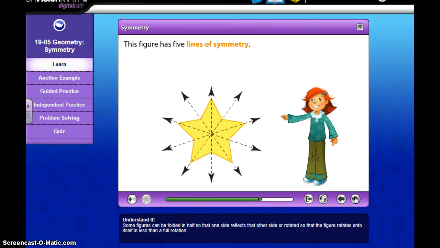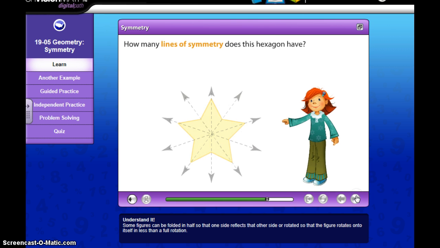This figure has 5 lines of symmetry. 1, 2, 3, 4, 5. This is the same line, so we can't count it a second time. They start at the point right here, and they go through the vertex where these 2 lines meet. So that means you could rotate this shape and you can get more than one line of symmetry.